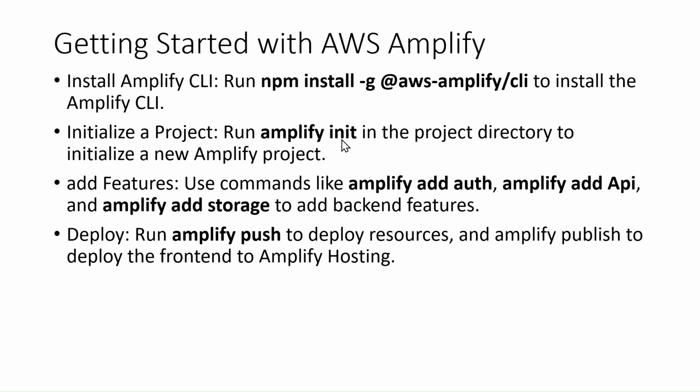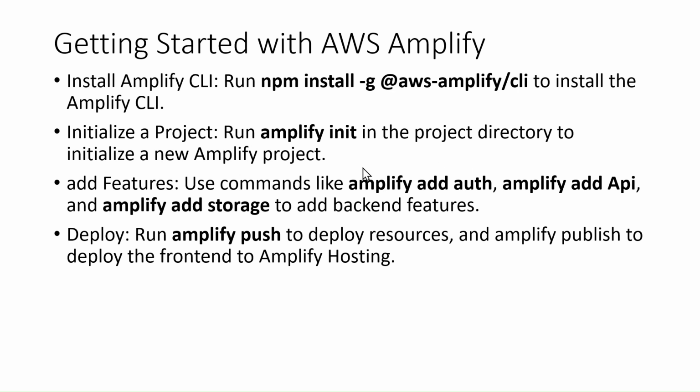This will create another directory called amplify, inside which it will restructure things based on the standards. And if you want your application to have authentication, that is login or sign up, you can just run amplify add auth.